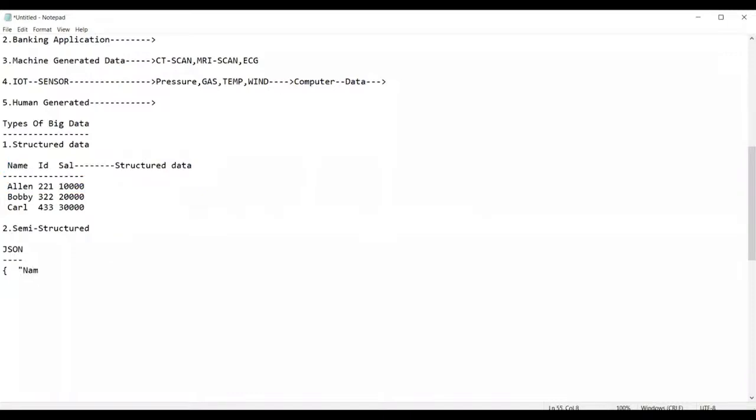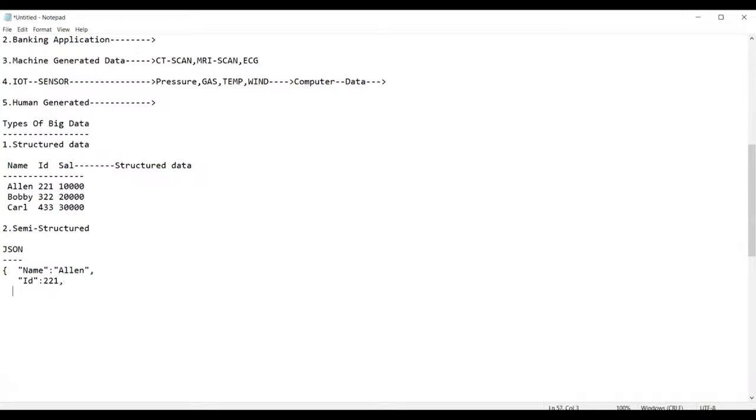Name under double quotes, and use the colon, then ALN. Now, guys, use a comma. After this, use it again: ID. Then, as it's numeric data, you can place it normally.